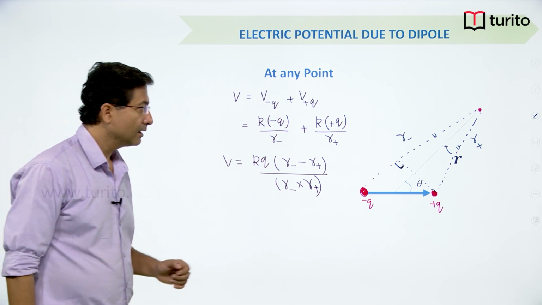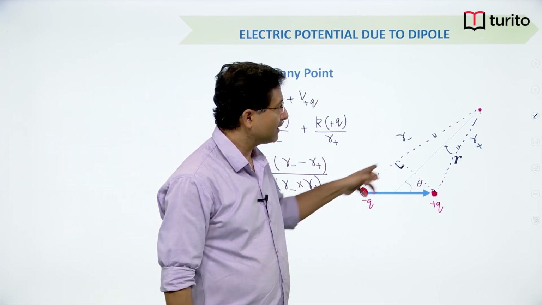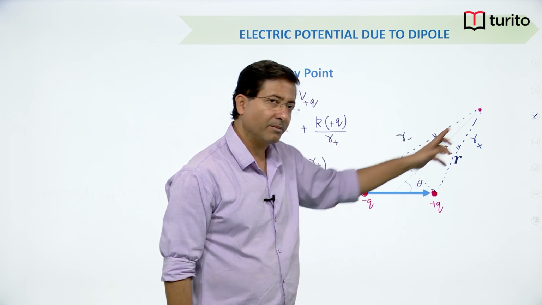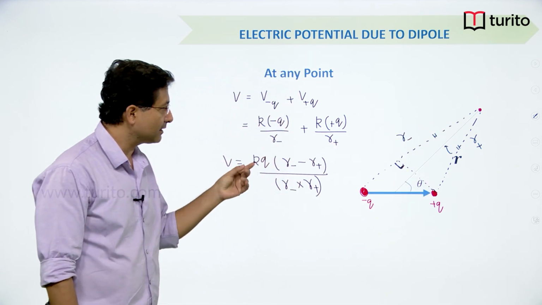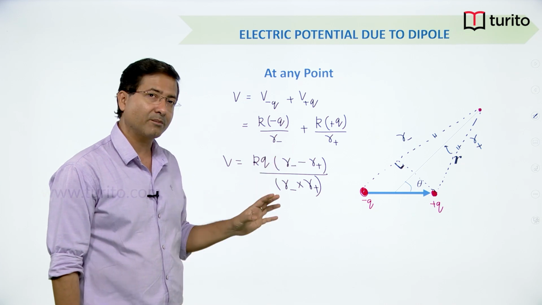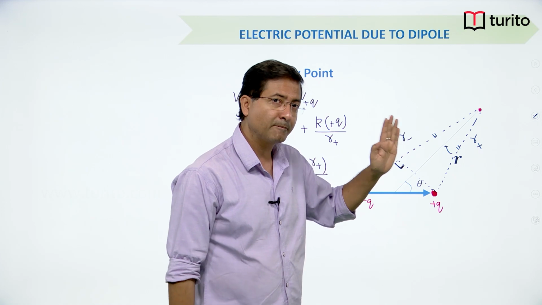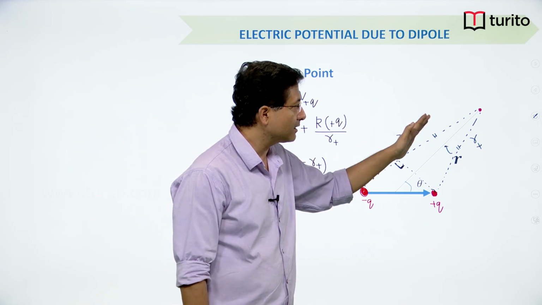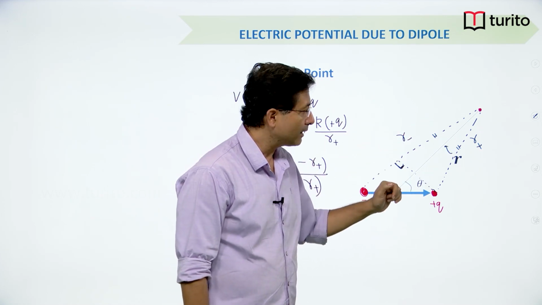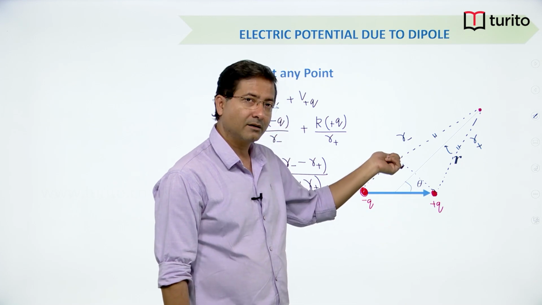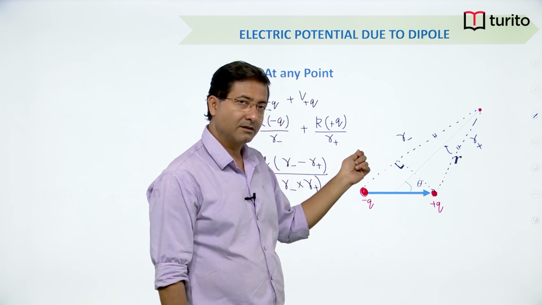Let us see once again. From here this is r minus, from here this is r plus. I need the value of r minus minus r plus. That means I require the difference between this distance and this distance. To find out the difference, I am drawing a perpendicular over r minus.